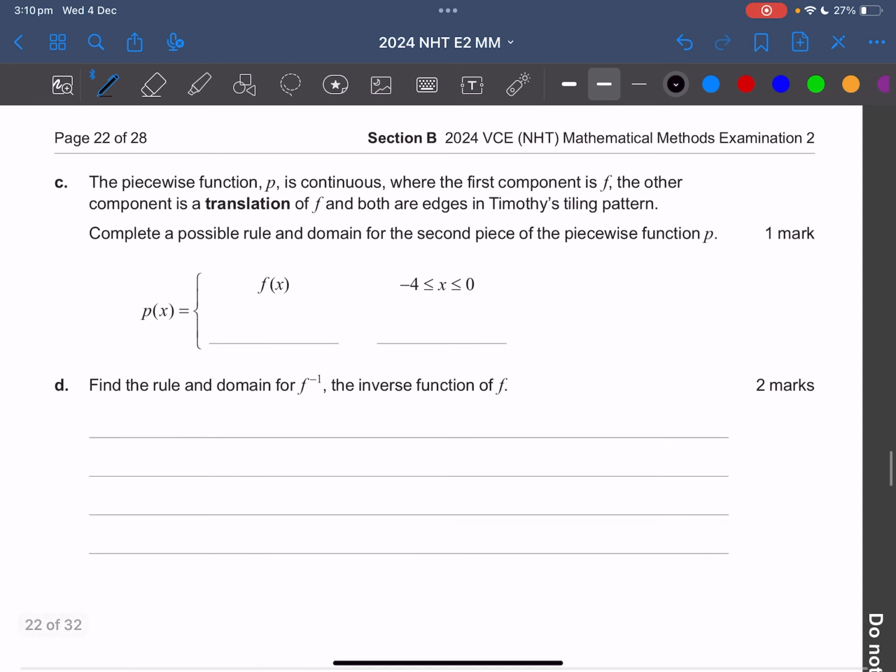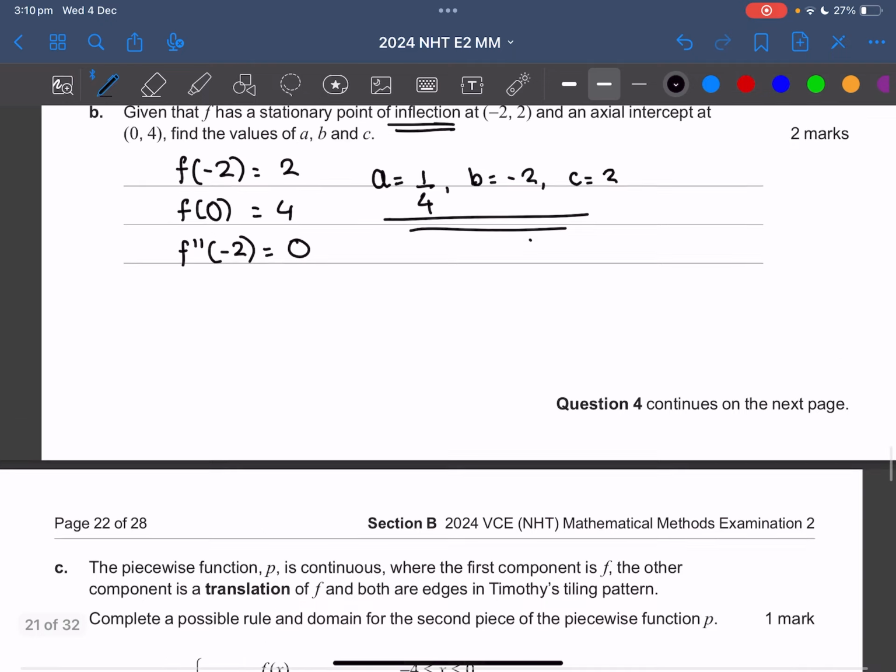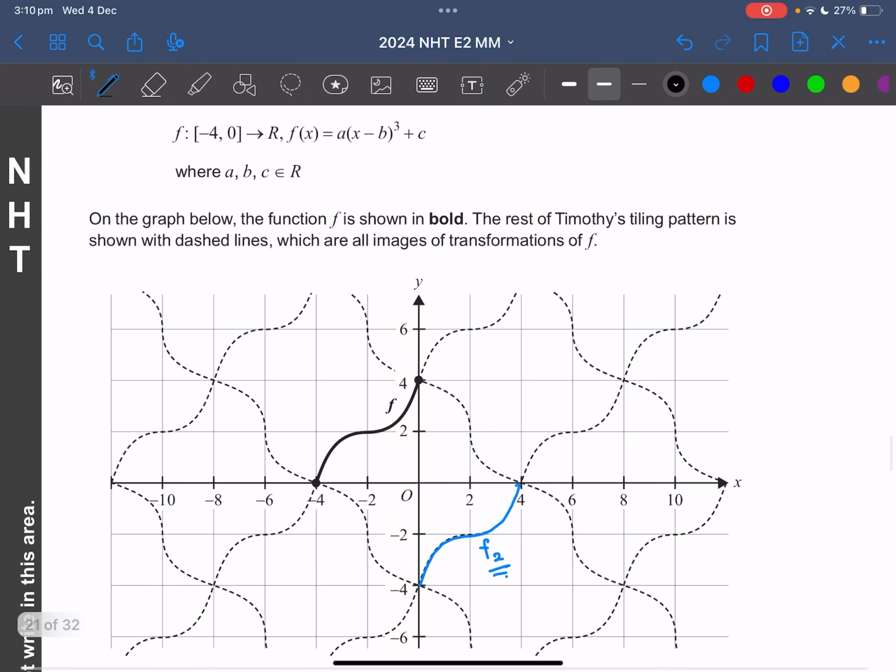The piecewise function f is continuous, where the first component is f, the other component is a translation of f, and both are edges in Timothy's tiling pattern. Complete a possible rule and the domain for the second piece of the piecewise function p. Okay, so for it to be edges, I guess it's going to be this function or this function.